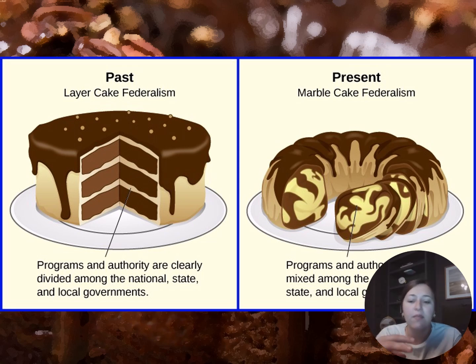And in cooperative federalism, programs and authority are really mixed amongst the various levels of government. Think of something like the interstate highway system, which is funded initially under the Eisenhower administration.